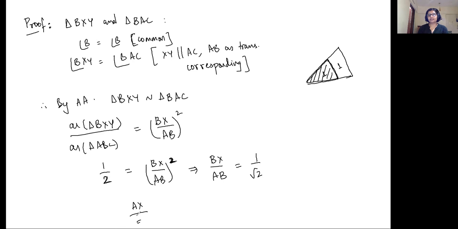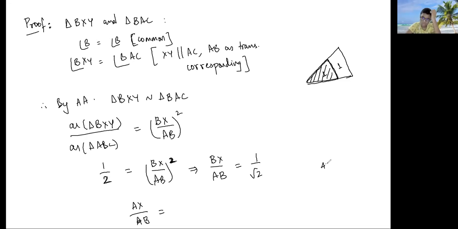So how will you find AX upon AB from this? How are AX and BX related to each other? So AX plus XB will be equal to AB.